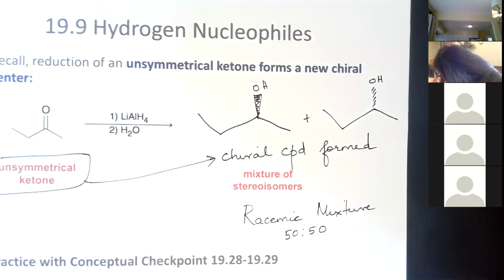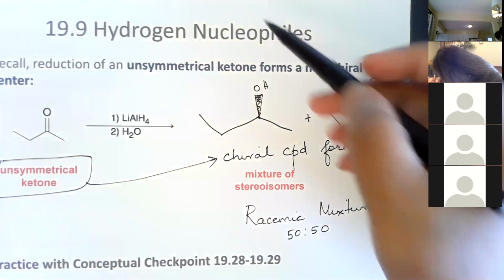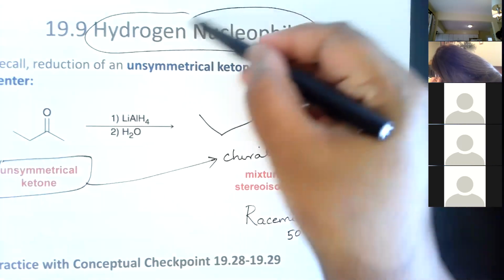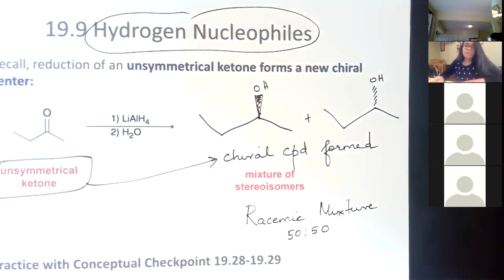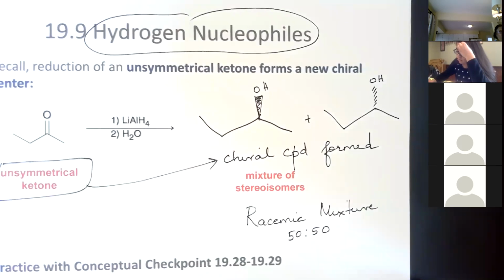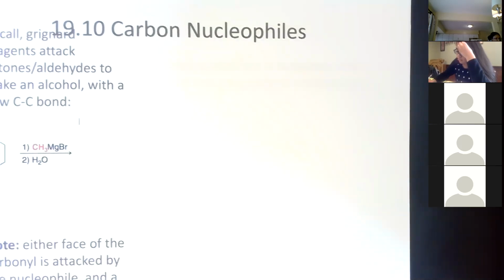Okay, so those are our hydrogen nucleophiles. I think you would have liked this section. It's a good review. Okay, we review the alcohols part. We look at carbons, and we looked at those as well.